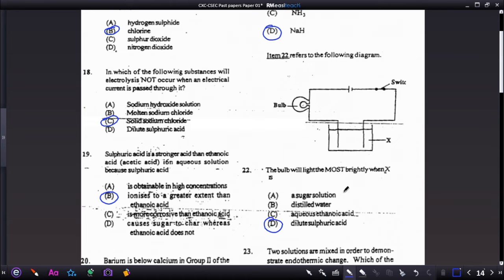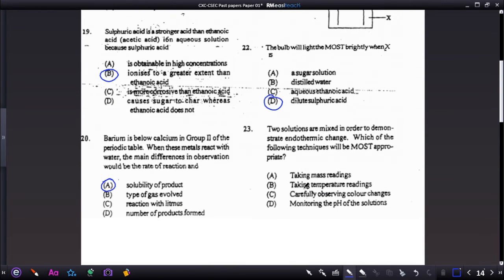And distilled water is extremely weak, so you would not see any light from the bulb. Ethanoic acid is a weak acid, and dilute sulfuric acid is stronger than ethanoic acid, so you would expect D to light the bulb the brightest.